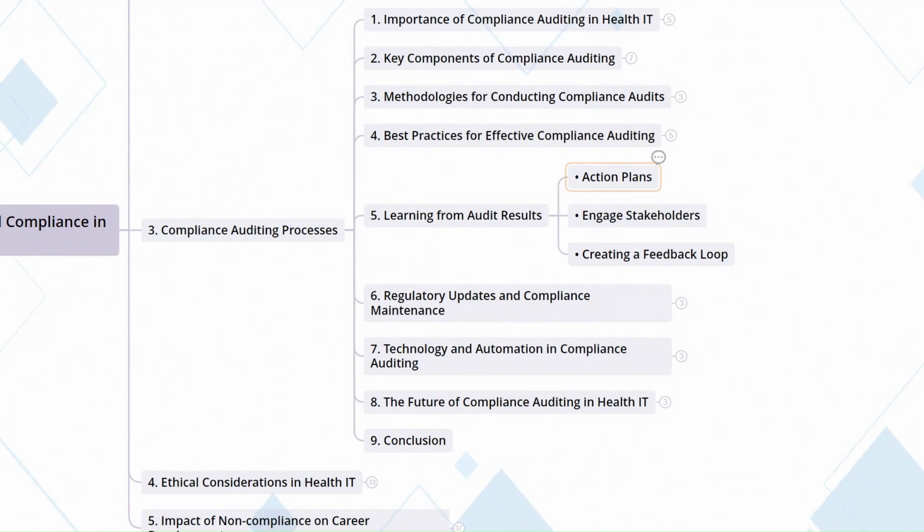Firstly, action plans. Developing clear action plans based on the findings of the audits. This includes assigning responsibilities for addressing identified issues, setting timelines for implementation, and defining specific outcomes to be achieved.